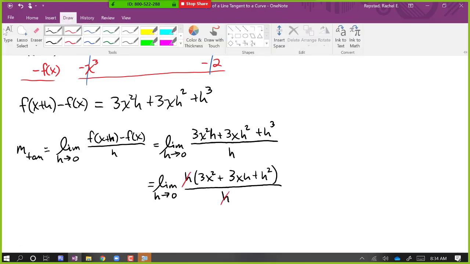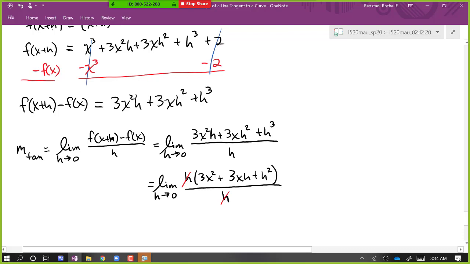When we first set up this limit, we should think of our first intermediate goal as being able to do enough algebra to get rid of that h on the bottom, right? We want the limit as h approaches 0, so a factor of h in the bottom is problematic for us. And now that we've done that, we can let h go to 0.